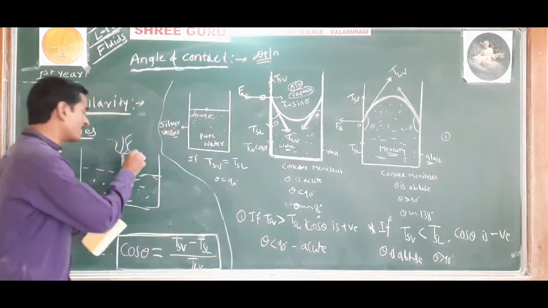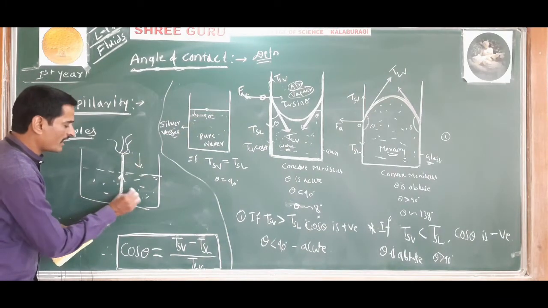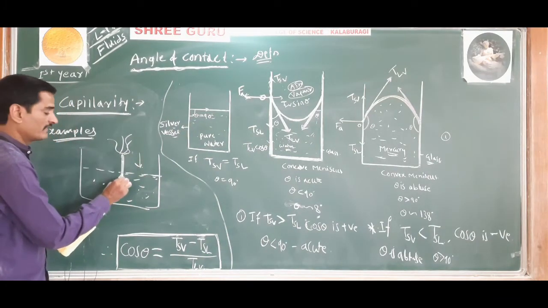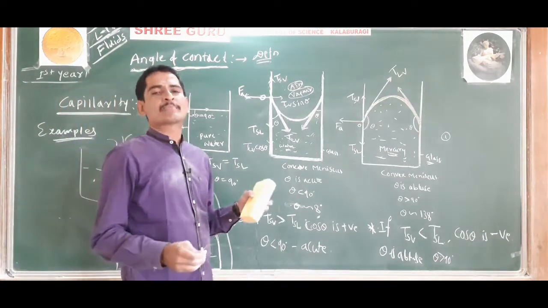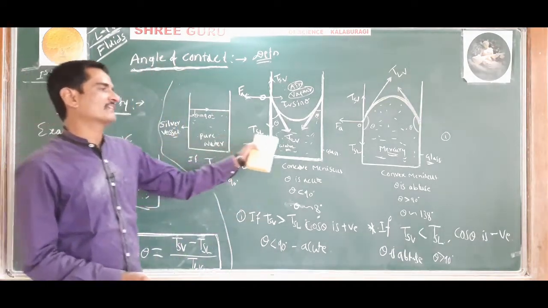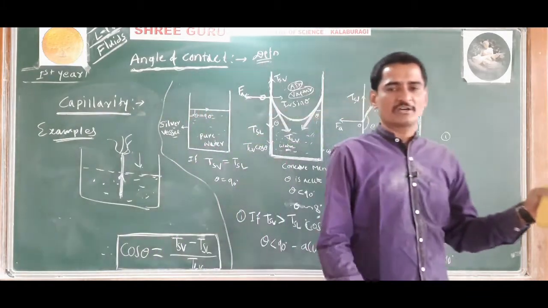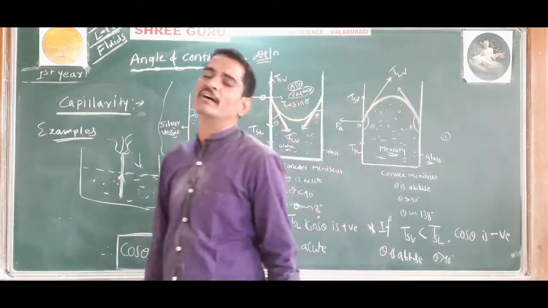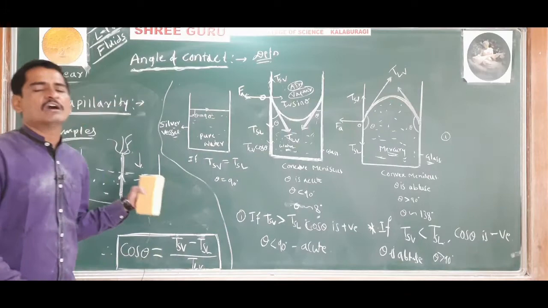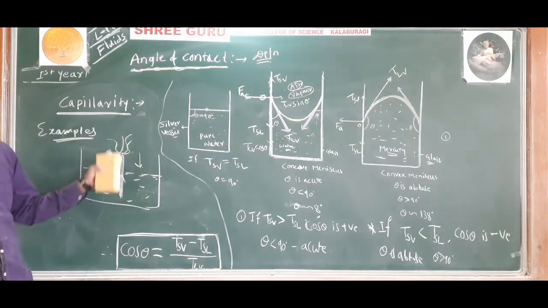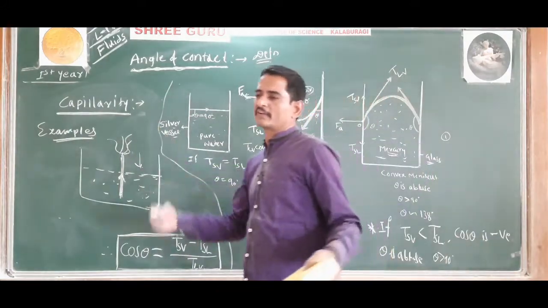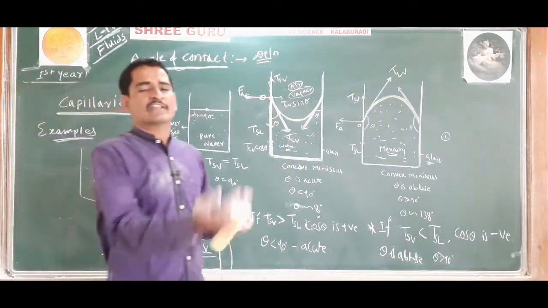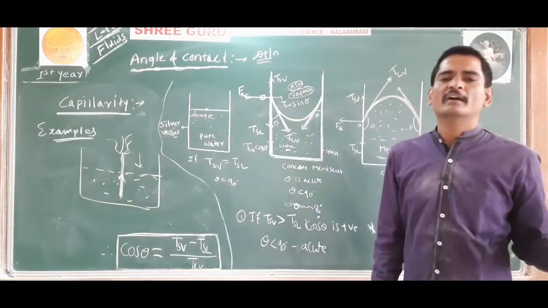So force is in the downward direction, then also the oil is rising in the threads of the wick. That is due to the capillarity, due to the excess of pressure or surface tension. Oil rises in the threads of wick, or sap ascends in the roots of the tree.